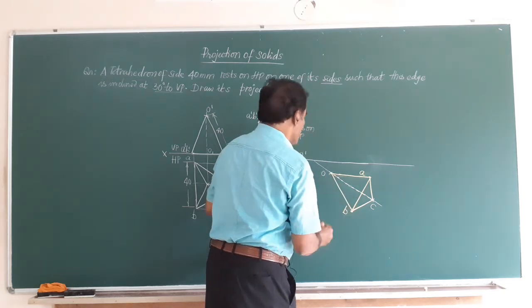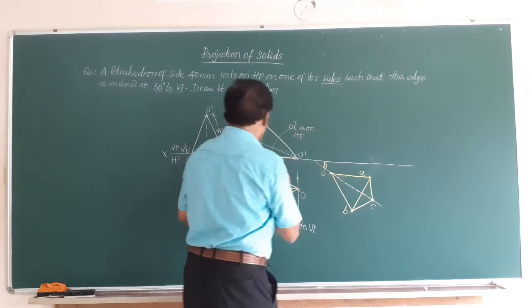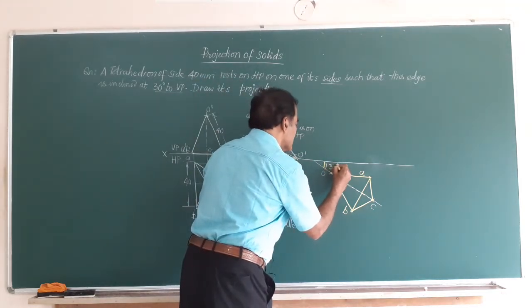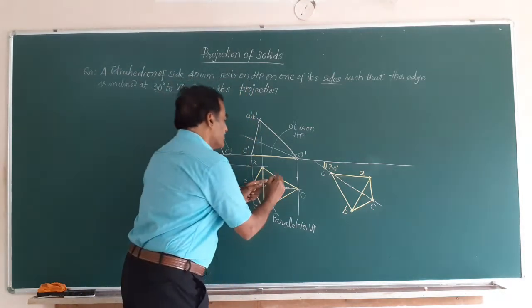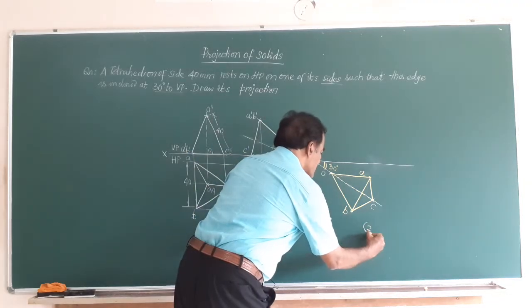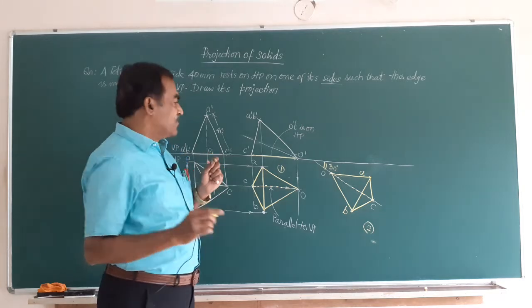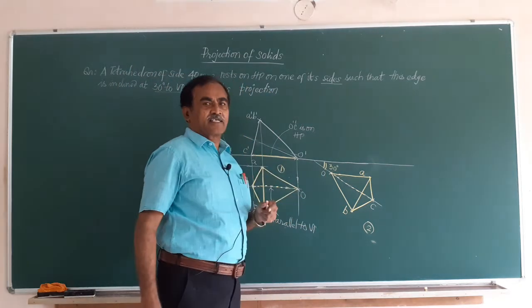So, this figure represents the top view when the edge on which it is resting is at an angle of 30 degrees to VP. Friends, now remember, if you call this as figure number 1 and this as figure number 2, these two figures are exactly identical, excepting for that this is drawn with this line at an angle of 30 degrees.